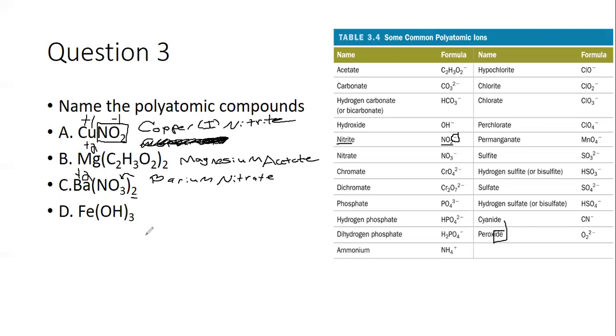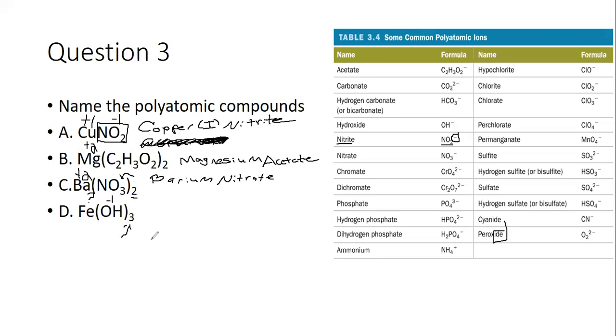All right. And so for D, we have iron, Fe. Iron's in the middle, so I don't know its charge. It can have multiple charges. So that's why I wrote that wonky question mark. OH is hydroxide. Hydroxide has a -1 charge. I have 3 of them.